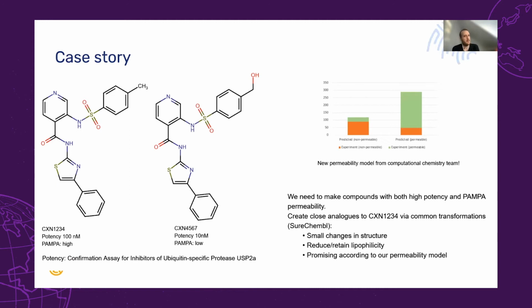So our hypothesis and our question is whether we can create a compound that has both of these key properties optimized together. We will be using our new fancy permeability model that computational chemistry created for us. And we will be using our transformation library, our compound suggestion tool, to increase our options.